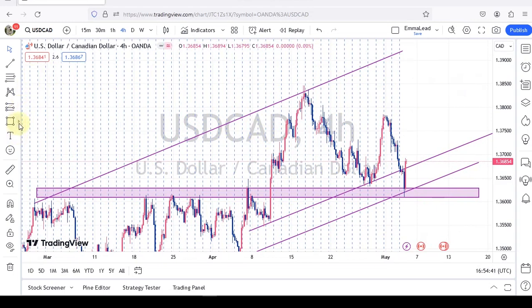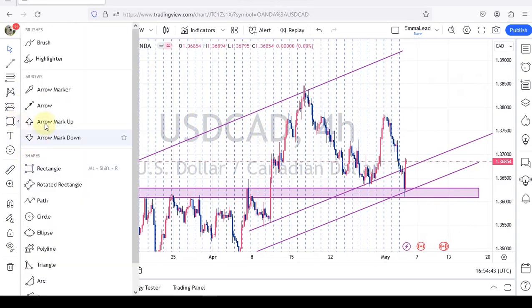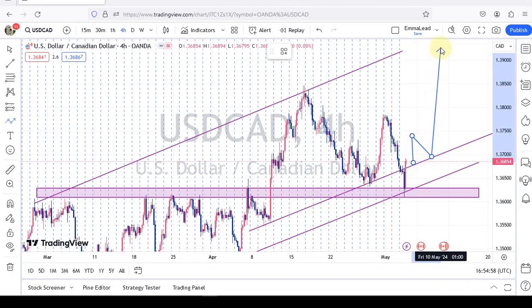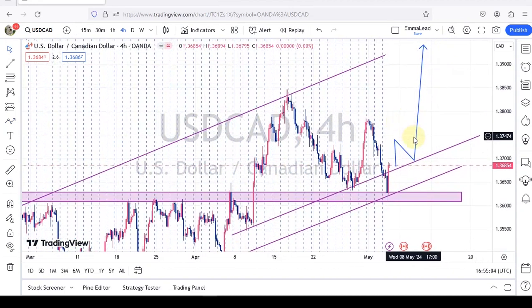This confirms that the market is rejecting that particular low. So the market may likely do something like this: up here, drop again, and then finally take up to this. This is what I'm seeing on this USDCAD.